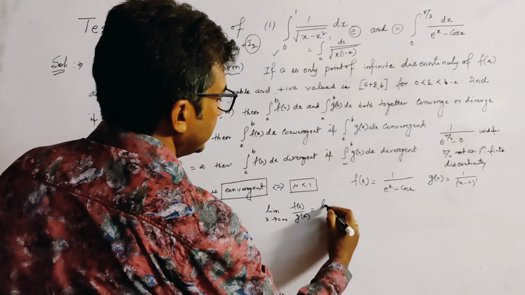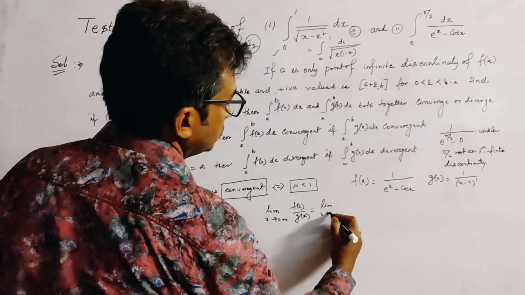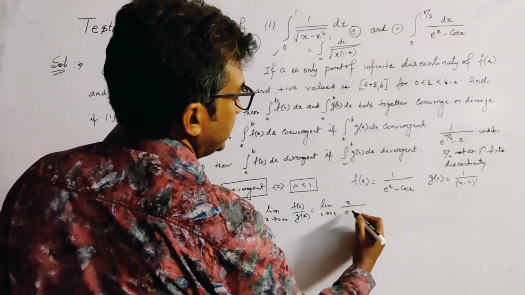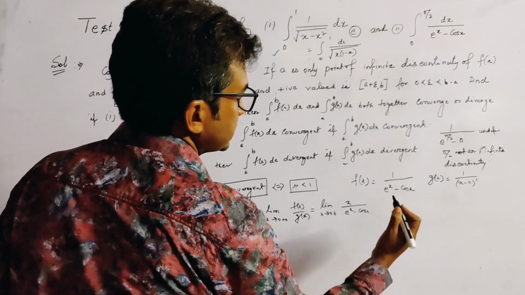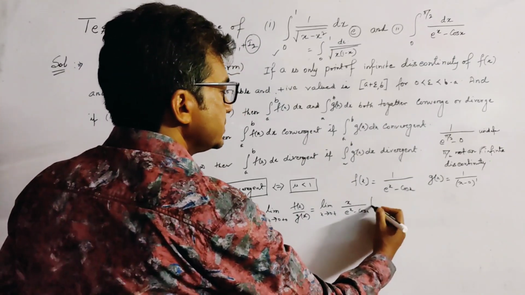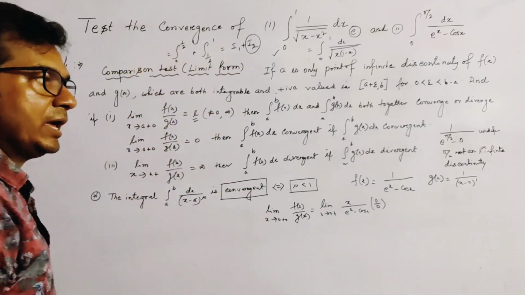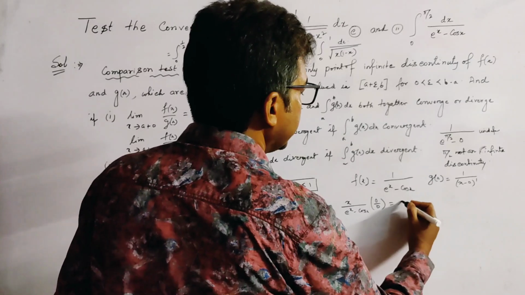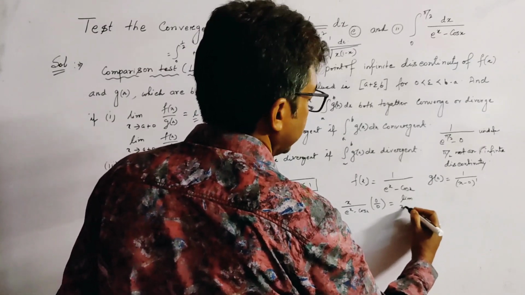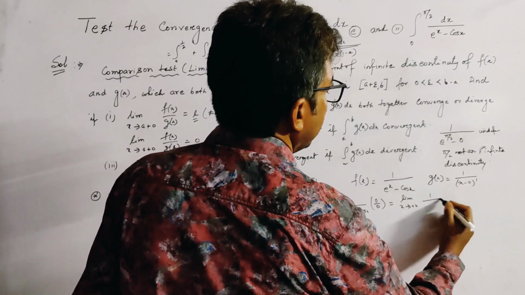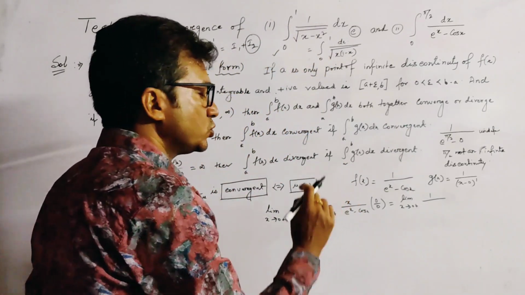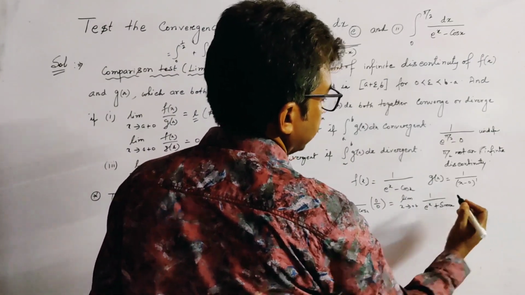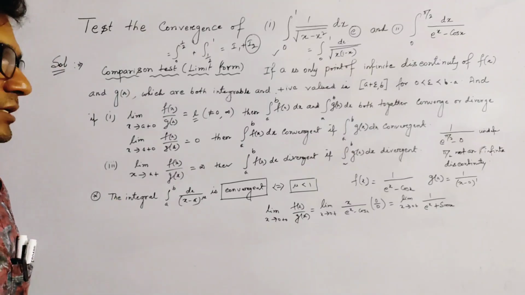So this is given by the limit as x tends to 0 plus of x by e to the power x minus cos x, and clearly this is of the form 0 by 0, so we use L'Hospital's rule. Using L'Hospital's rule we get the limit as x tends to 0 plus of 1 by, the derivative of x is 1, and the derivative of e to the power x is e to the power x, plus sin x, since the derivative of cos x is negative sin x.